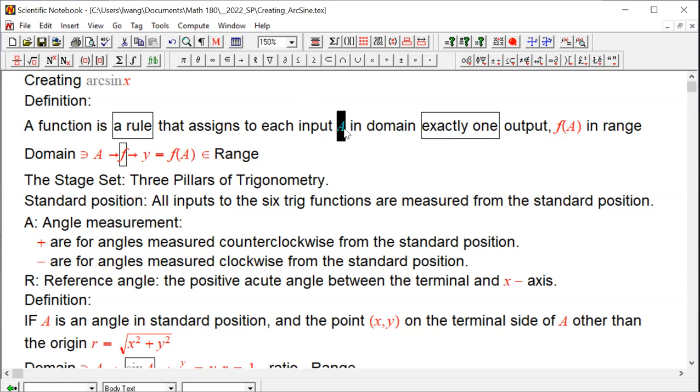Input is just a placeholder, so we can call it anything we want, say triangle. So the input is going to be triangle, and it produces an output. For that input, the output is exactly one, unique. So you can use any symbol you want.